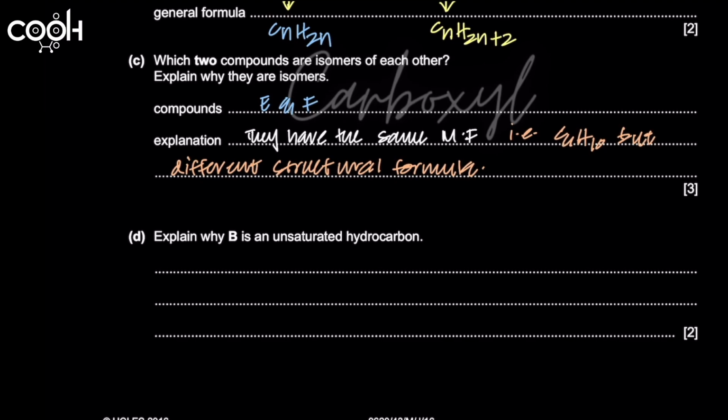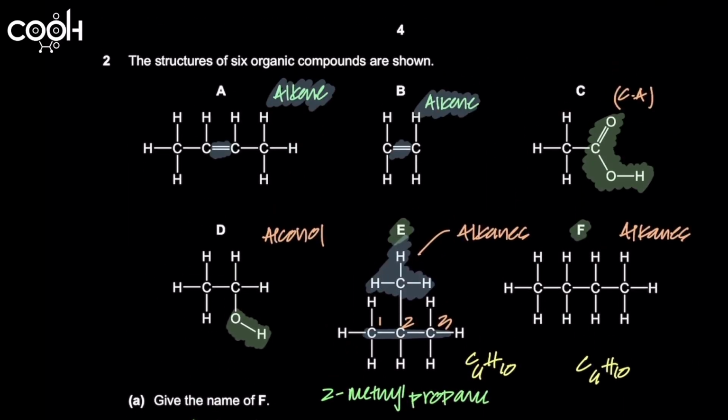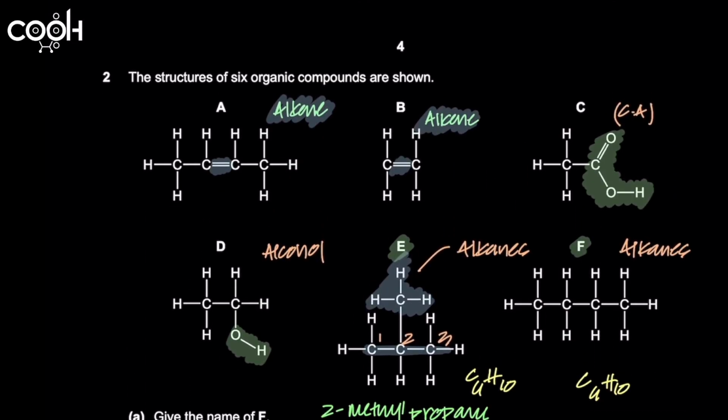Let's just explain why B is an unsaturated hydrocarbon. Now, there are two things asked in this question, therefore the 2 marks, right? Unsaturated, and it's also talking about hydrocarbon. What do we mean by unsaturated? Unsaturated compounds are compounds in which at least one carbon-carbon bond is not a single bond. And if you check B out, obviously the carbon-carbon bond is not a single bond, it's a double bond.